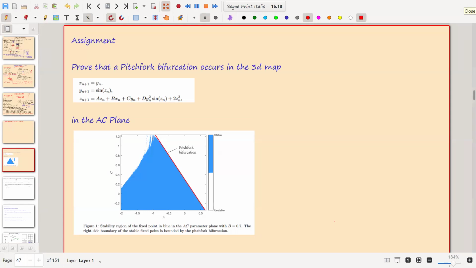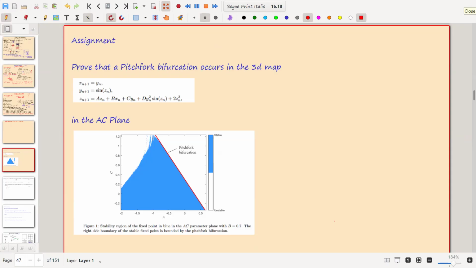I have drawn this bifurcation diagram, where I ran a 2D for loop in code, and I found that the blue part is the region of stable fixed points. When they go to unstable fixed points, you see the instability is reached.